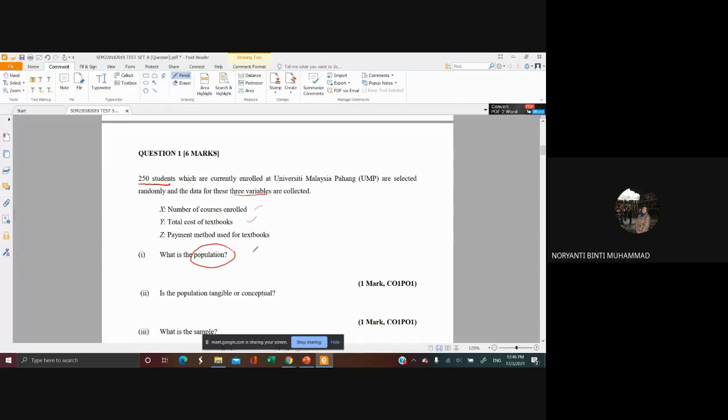Okay, we use the word all students who enroll at UMP. Kalau masukkan numbers yang dia bagi tu and then let's say 250 students who enroll at UMP tu betul ke salah? Salah dia. I dah cakap dah. Kalau logically pun, sebab you tengok 250 student are selected randomly. And actually logically, takkanlah 250 je masuk kat UMP kan?